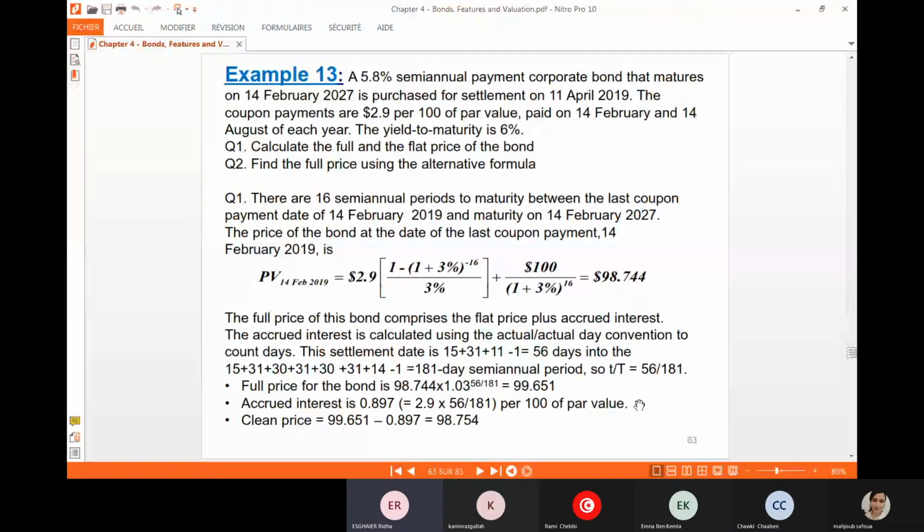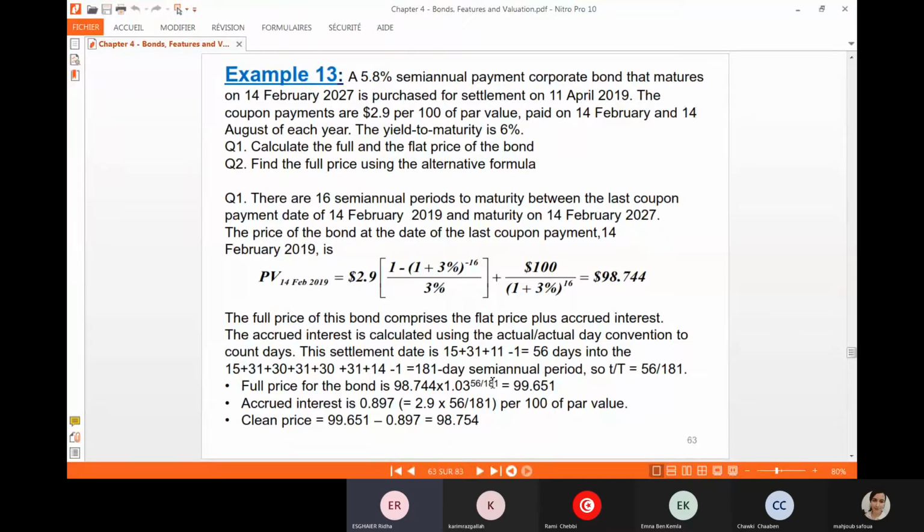Simply to compute the full price, we should, as we said previously, capitalize this price, 98.744, using RD of this date, which is 6%. So RD over 2 is 3%. Power T over capital T, the number of days between the previous coupon payment date and the desired date over the total number of days during the period.